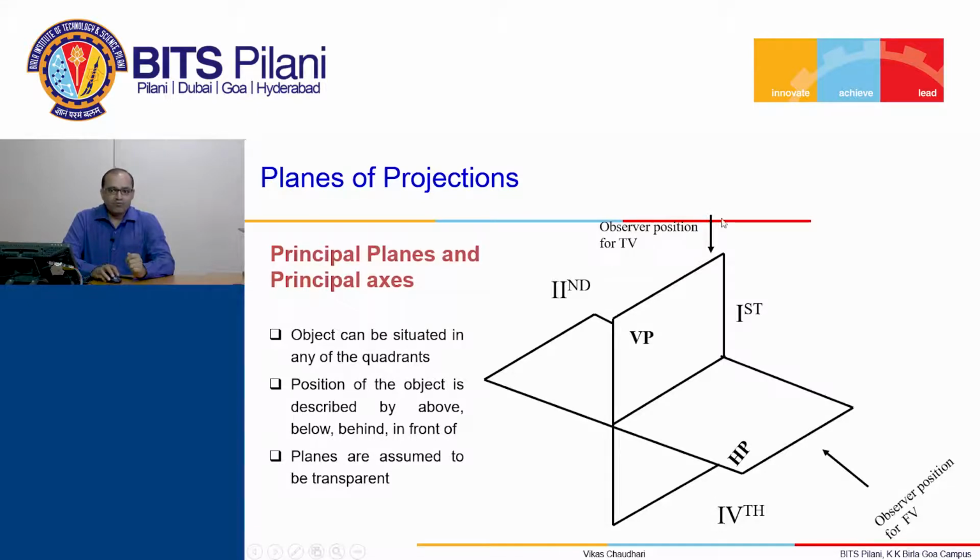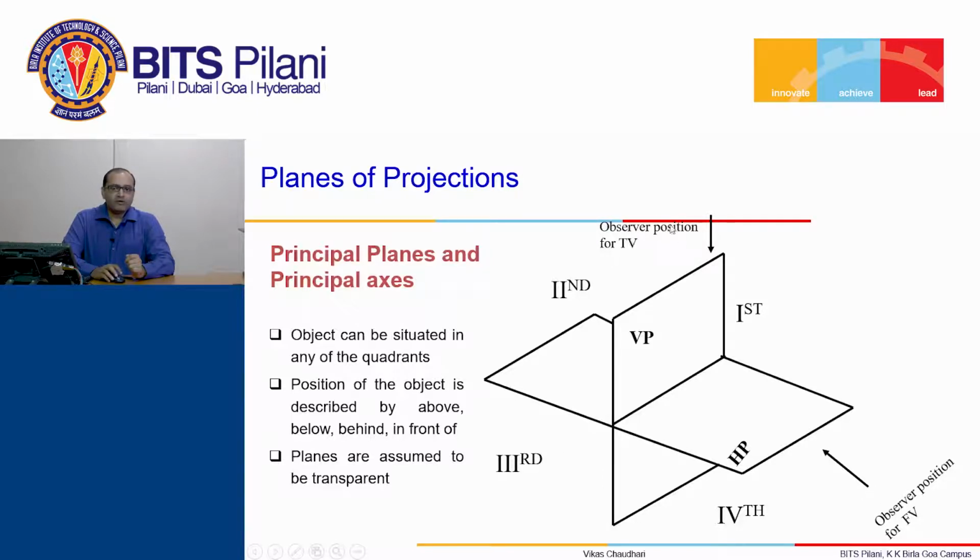For the top view, the observer position will be here, whereas the first quadrant and second quadrant will be nearer to the observer. And the third quadrant, which is described as the region which is below HP and behind VP, will always be away from the observer. For the front view, the observer position is here at this particular point, so the third quadrant is away.